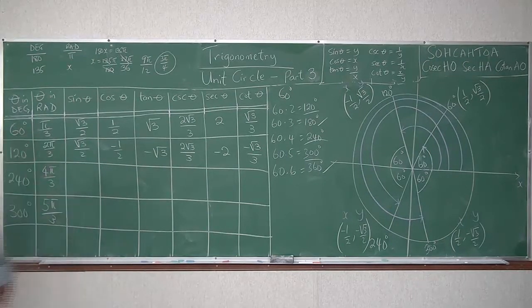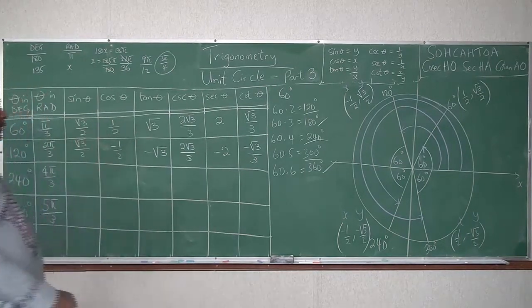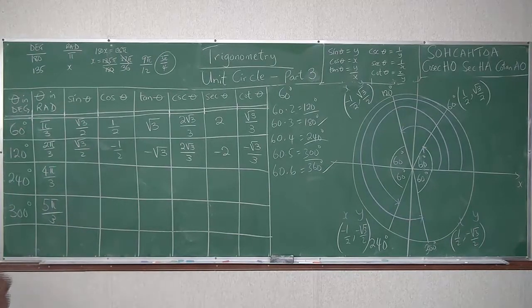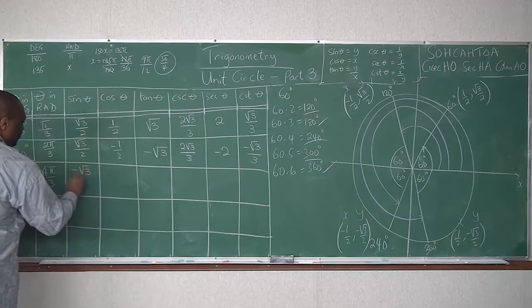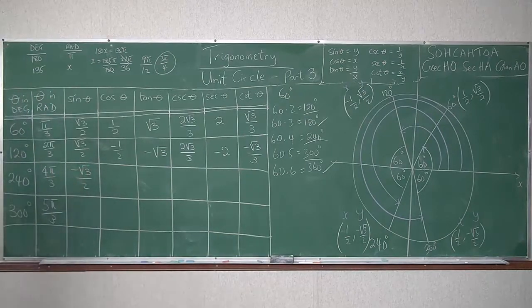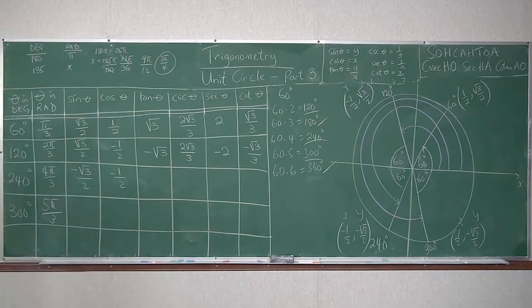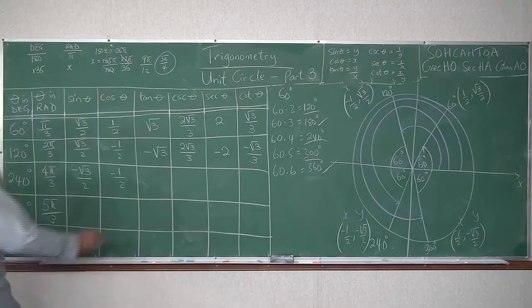You can do that. 240 degrees. Back to you. Oh, this is negative, negative, right? Negative for the x, negative for the y. Sine is y. This is negative root 3 over 2. Cos is x, negative 1 over 2. And when you divide it, negative divided by negative, okay, y over x is going to be positive, root 3.